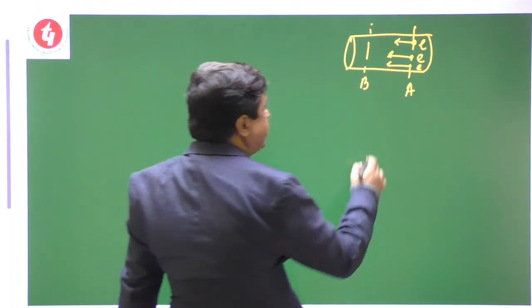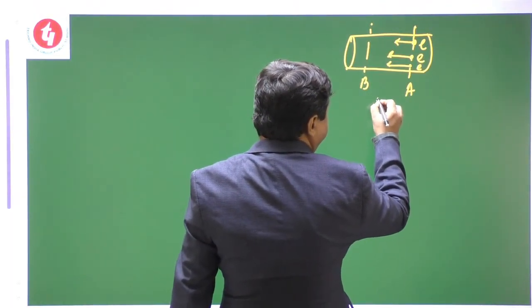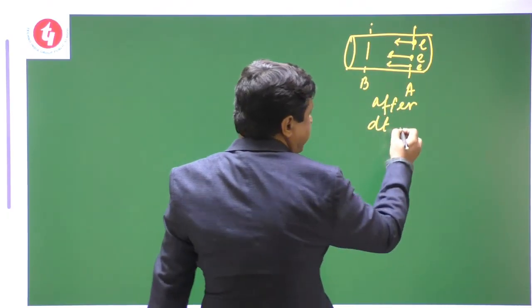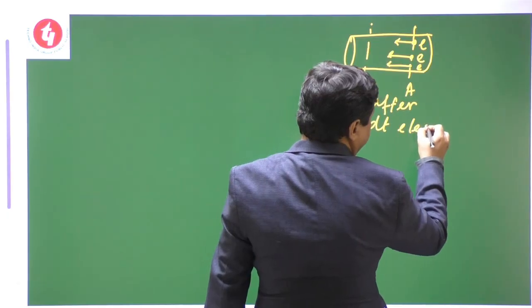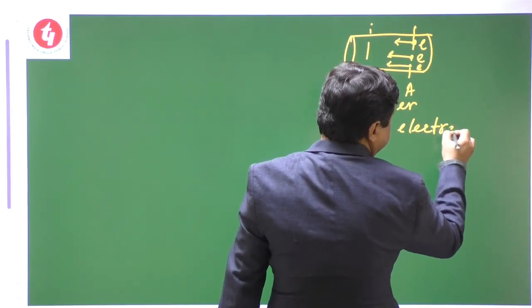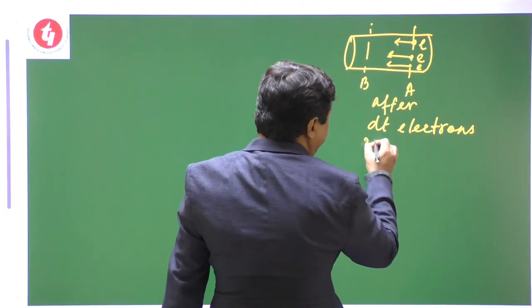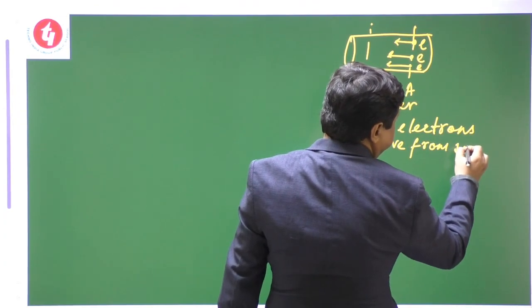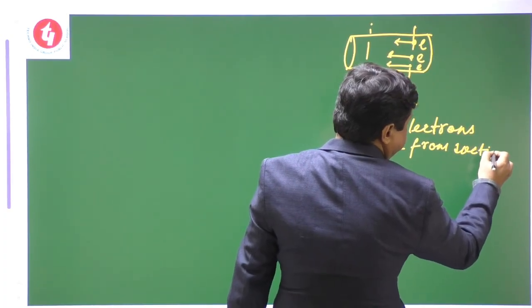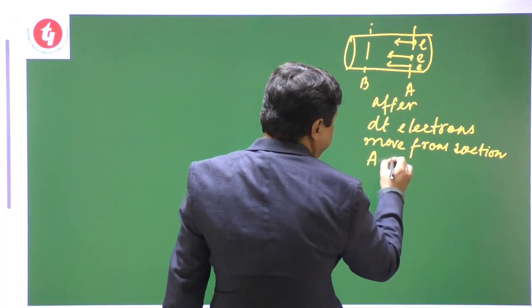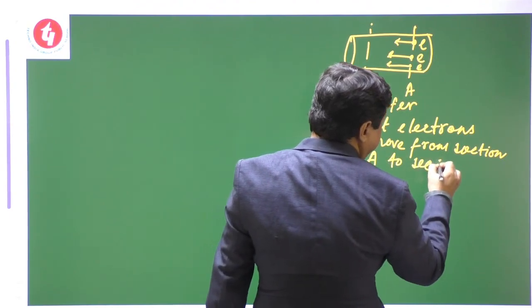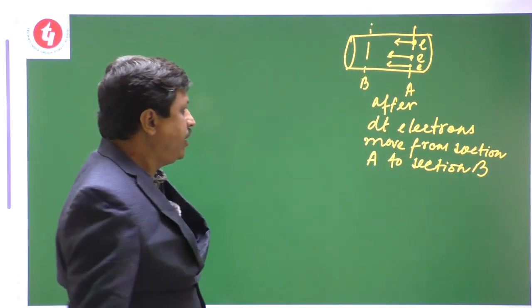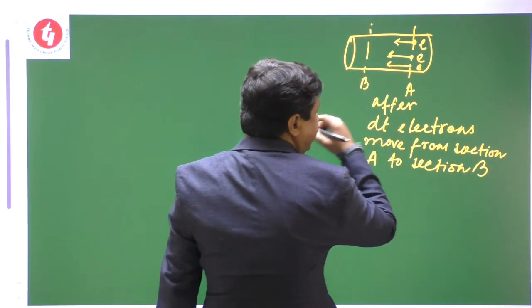After dt time, say electrons move from section A to section B, and this time is dt.